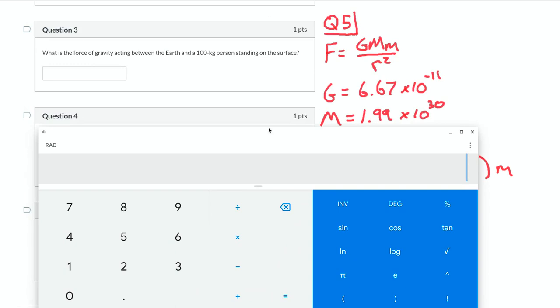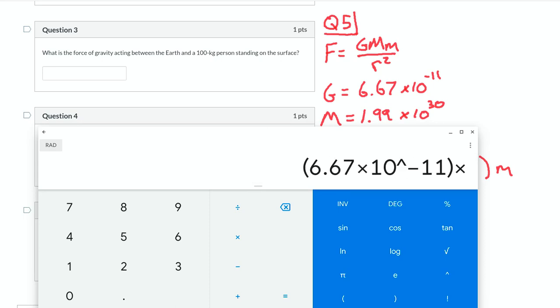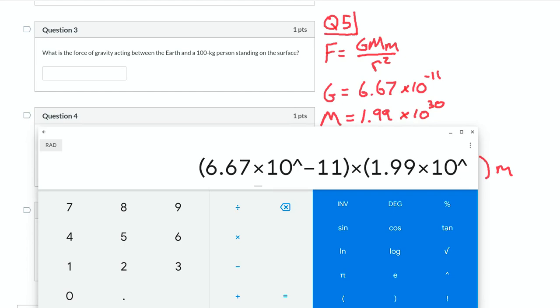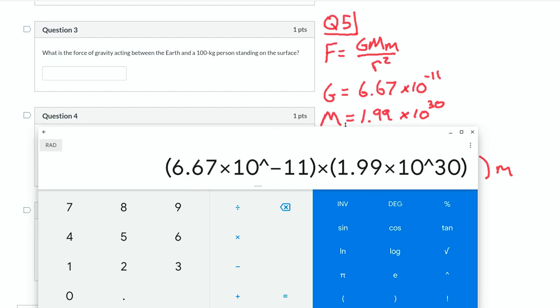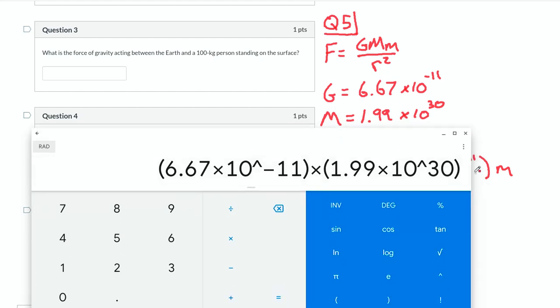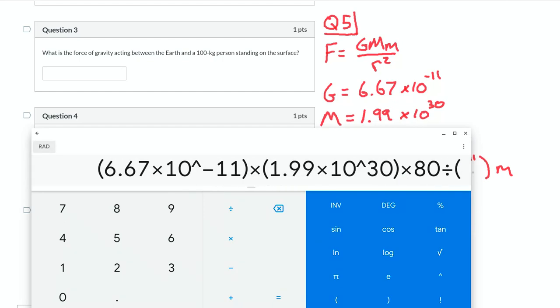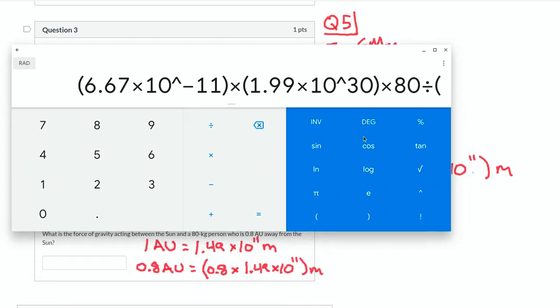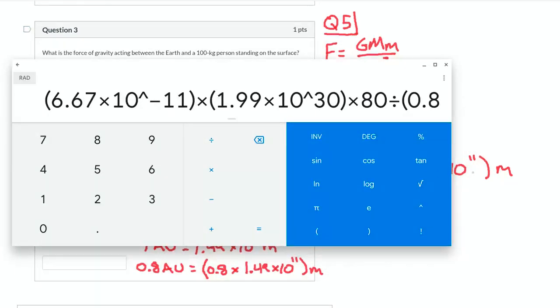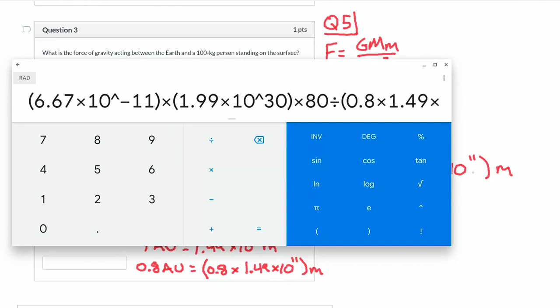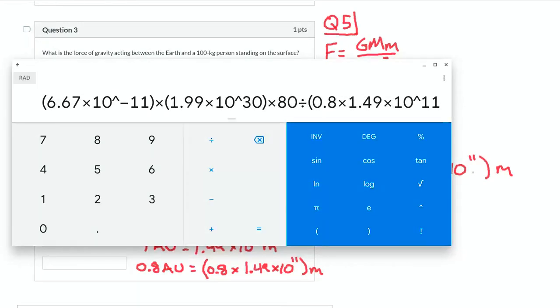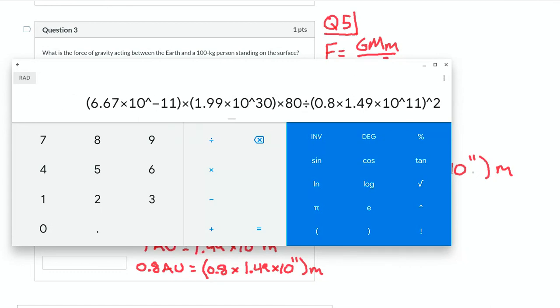So what have we got? Parentheses, 6.67 times 10 to the negative 11 times 1.99 times 10 to the 30. Okay, times the smaller mass, times 80. Now divided by parentheses, and we have 0.8 times 1.49 times 10 to the 11, close parentheses, squared.